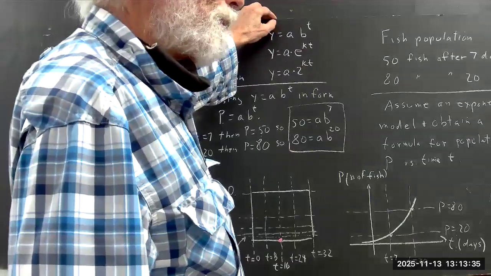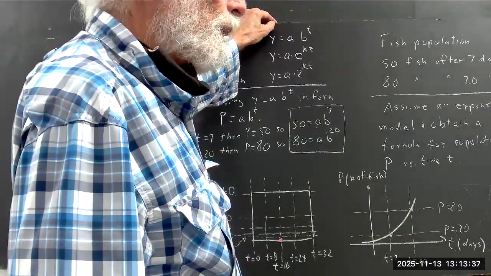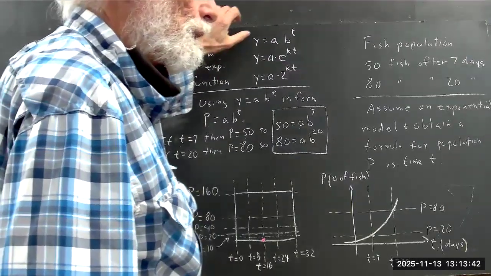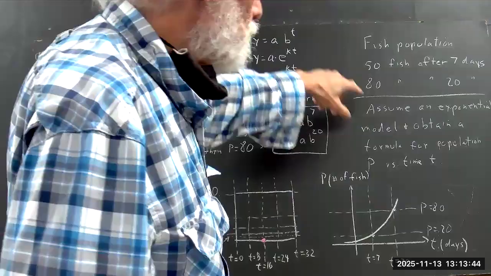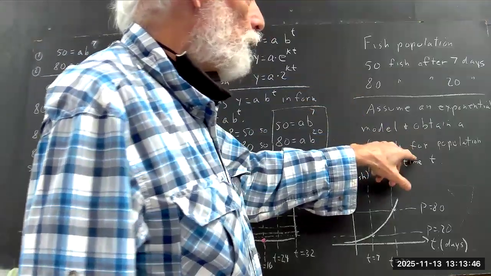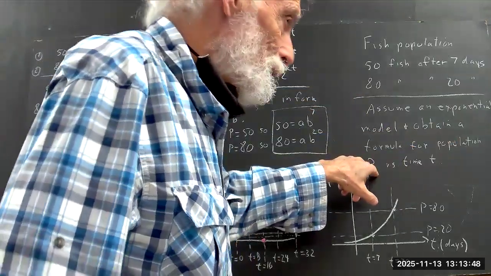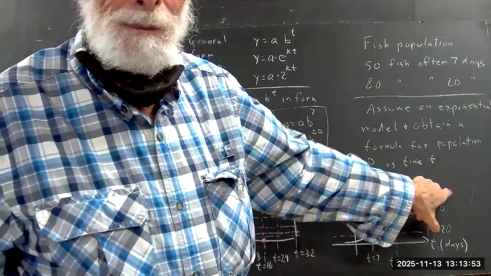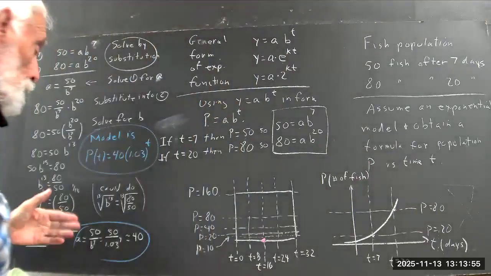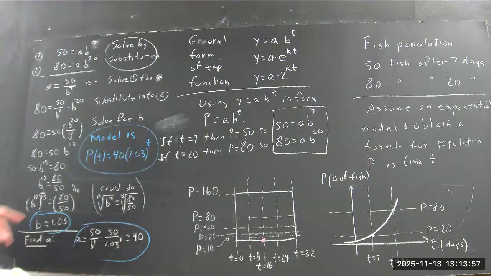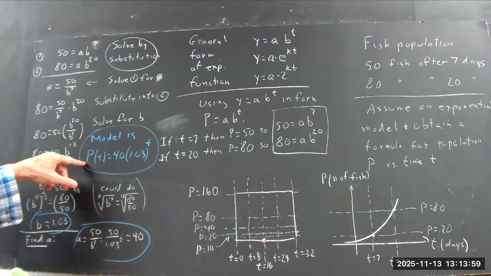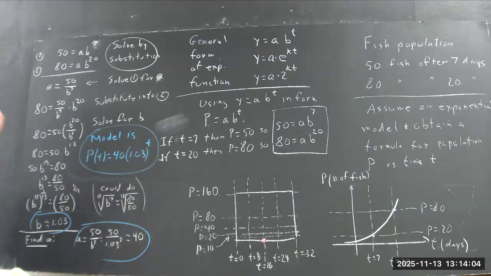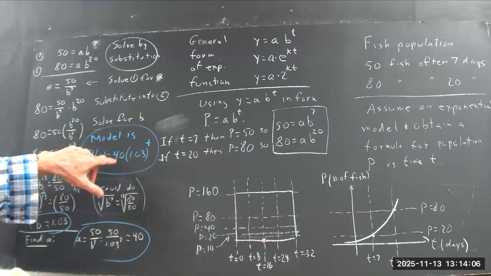Then, over there so we can see it a little more clearly. Assuming the exponential model, obtain a formula for our principal or the amount of our investment versus time. If we interpret P as your principal, the initial principal, well, yeah, okay.